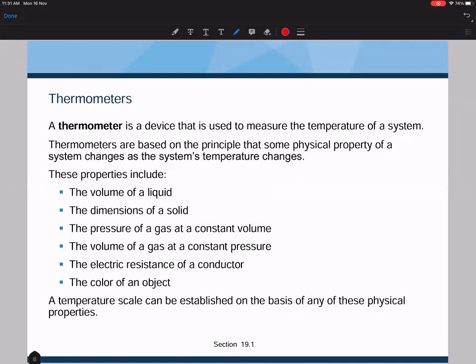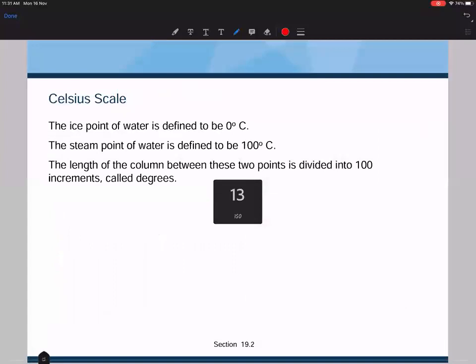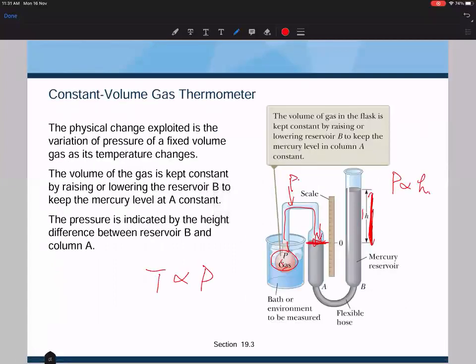For example, liquid-in-glass tube thermometers like the mercury thermometer or the alcohol thermometer have a problem when the temperature goes below the freezing point of the liquid. A very versatile type of thermometer is the constant volume gas thermometer, which relies on the property that the temperature of a constant volume of gas depends on the pressure.